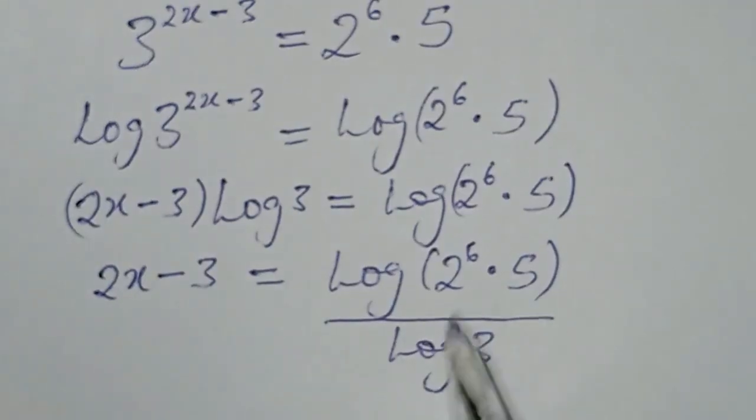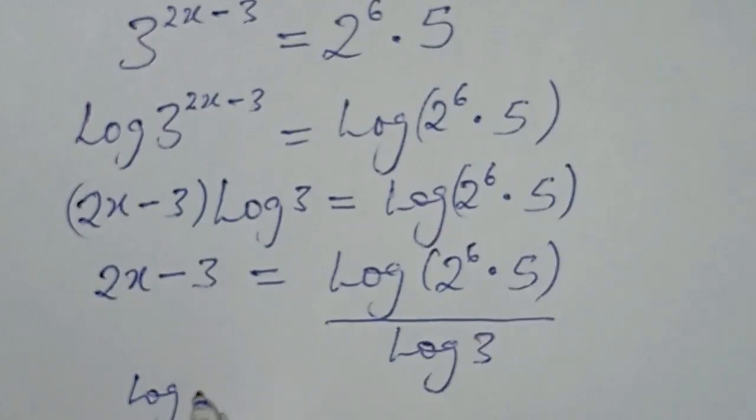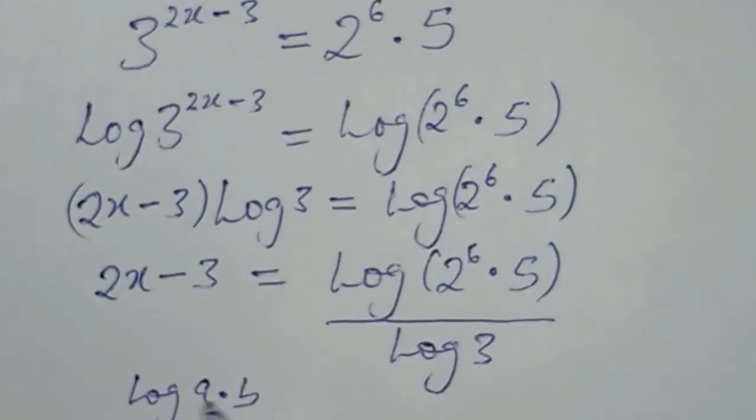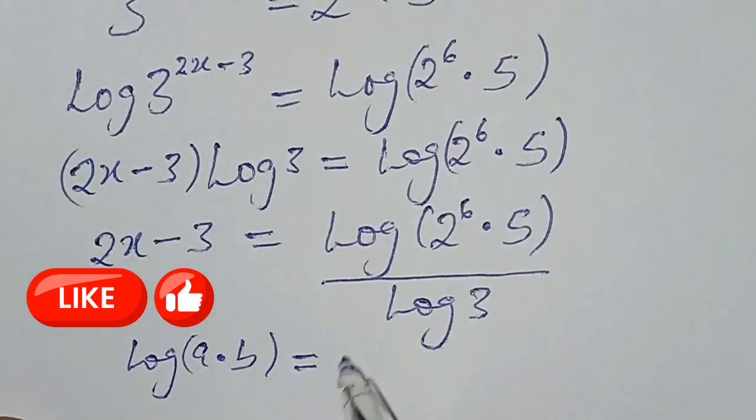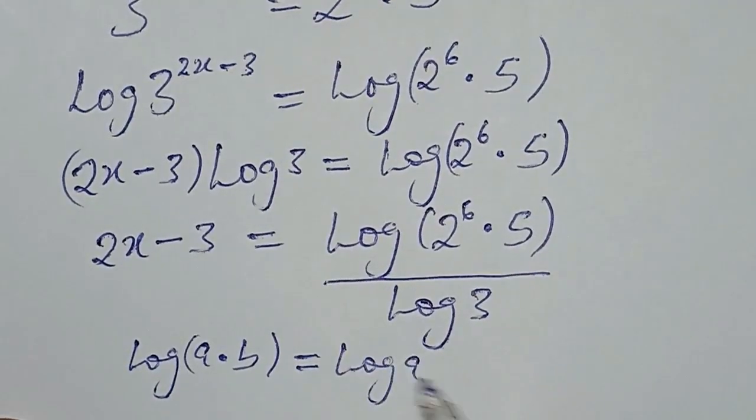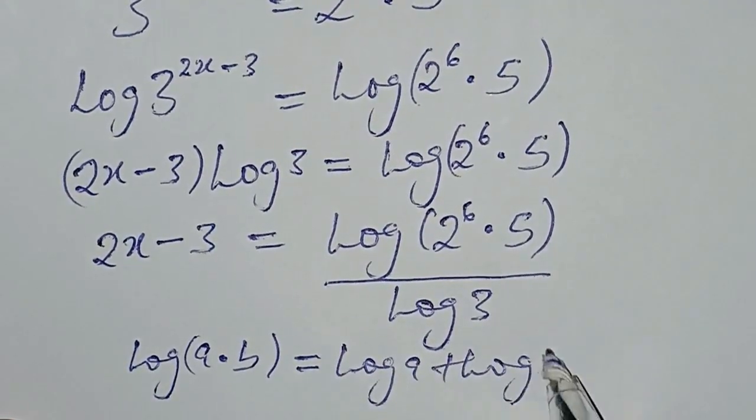Now from here, let's consider this identity. If we have log of a multiplied by b, the log identity says you can simplify it as log a plus log b.